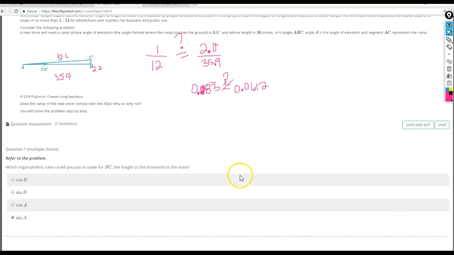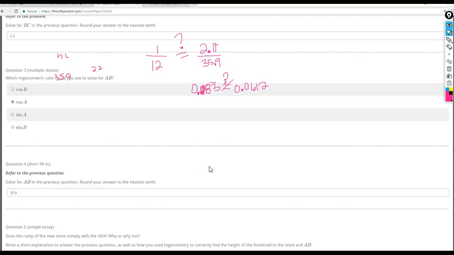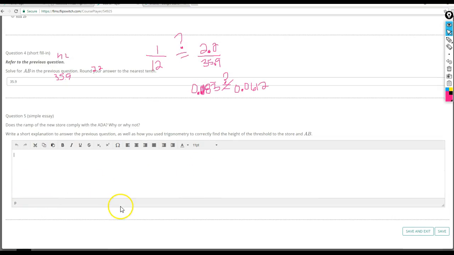So when you type in your answer, I'll give you an example. No, the ramp does not comply with the ADA.